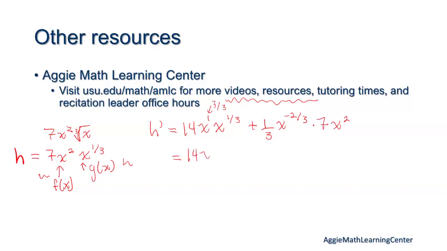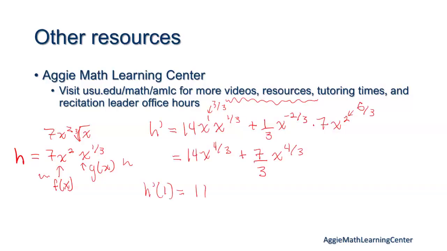Yeah, 14x to the 4/3 plus, and this is the same as 6/3. So what's negative 2/3 plus 6/3? 4/3. Perfect. And then it asks for the h prime of 1.